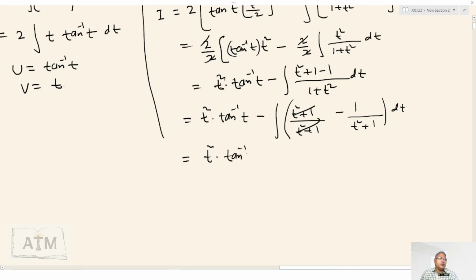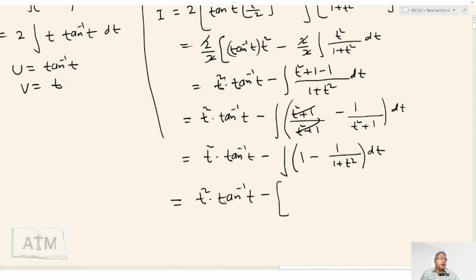Now t square into tan inverse t minus integration of 1 minus 1 upon 1 plus t square with respect to t. This is equals to t square into tan inverse of t minus integration of 1 with respect to t is t, and integration of 1 upon 1 plus t square is nothing but tan inverse of t plus c.